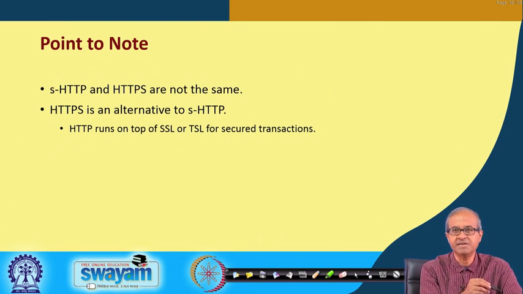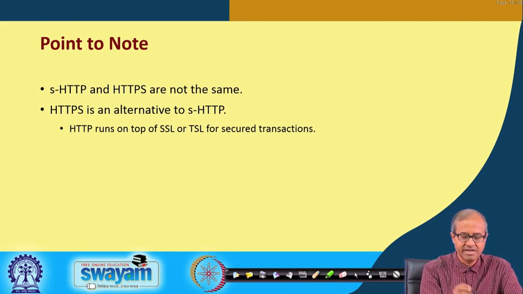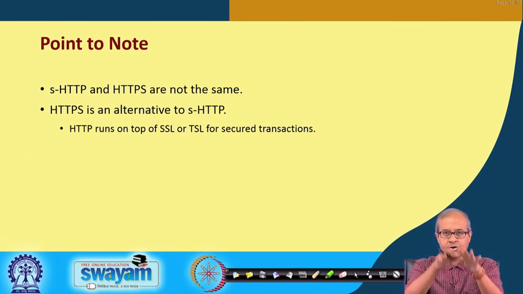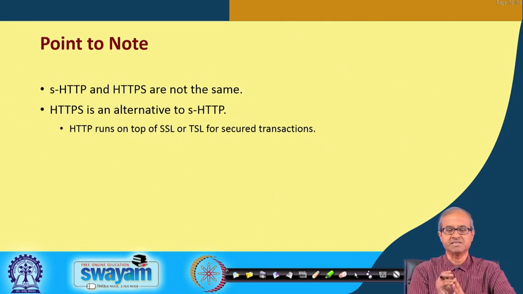SHTTP is what I just mentioned, and HTTPS is an application which runs on top of SSL, or it can also be TLS, transport layer security. So, HTTP running on top of a secure transport layer protocol, SSL or TLS, is what we refer to as HTTPS. Okay.